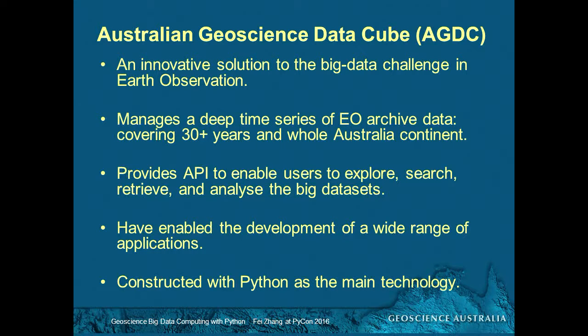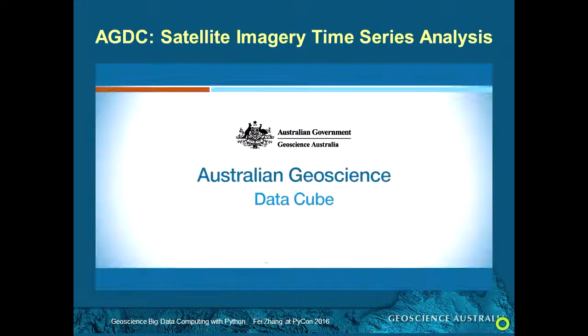I'm going to give a demo later. It basically enabled the development of a wide range of applications. The system is, of course, developed with Python as the main technology. It's quite surprising, maybe.